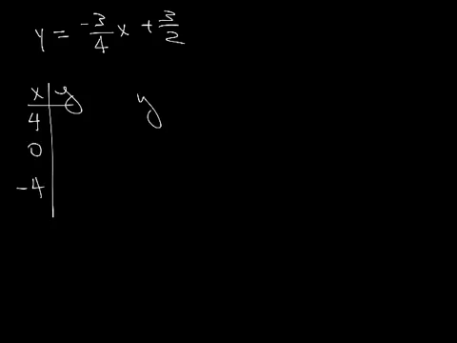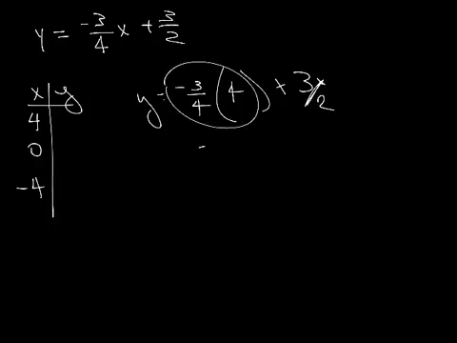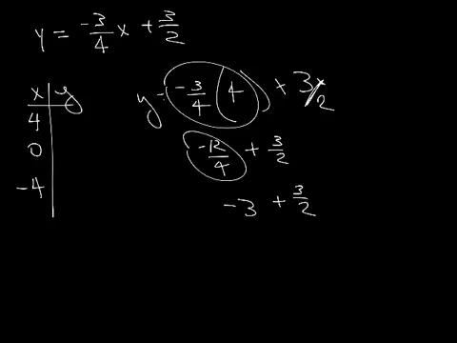So I get y equals negative 3/4 times 4 plus 3/2. This is going to give me negative 12 over 4 plus 3/2. That is going to be negative 3 plus 3/2. Okay, so in these you're going to get some fractions regardless, because you're going to have to change the negative 3 to a fraction with a common denominator of 2.